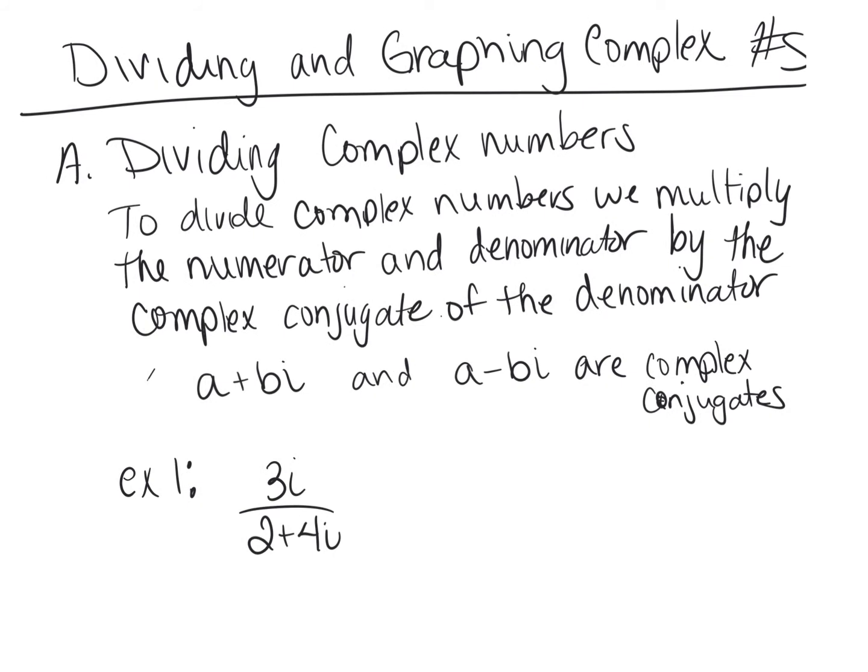All right, so if my denominator is 2 plus 4i, what's the complex conjugate? 2 minus 4i. The only thing I change is the sign on the i term. Everything else stays exactly the same. Okay, so I'm going to multiply by the top and the bottom.